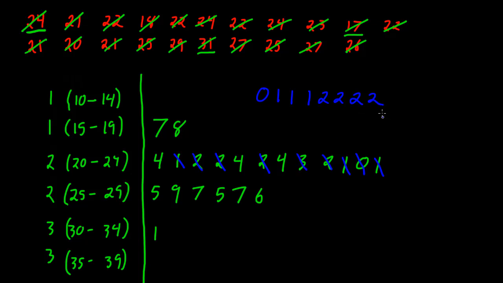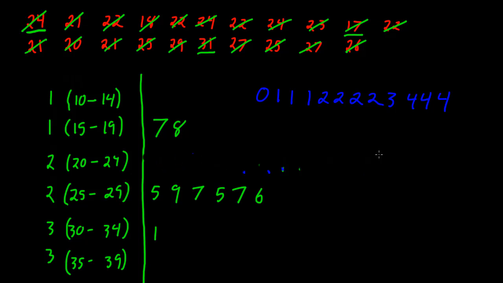Looks like we have 1 3. We have 3 4s. So now we'll just erase this data here and put in our appropriate data sorted so that it's a little easier to see what the data actually looks like.